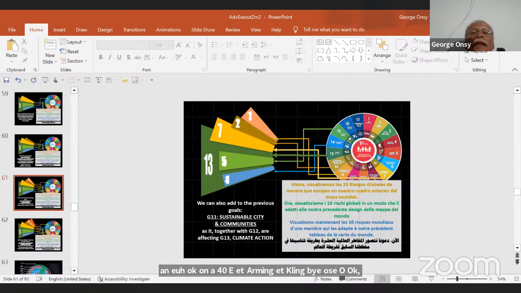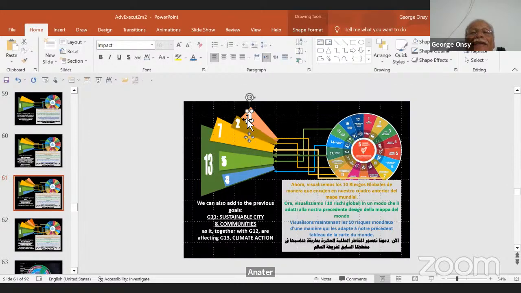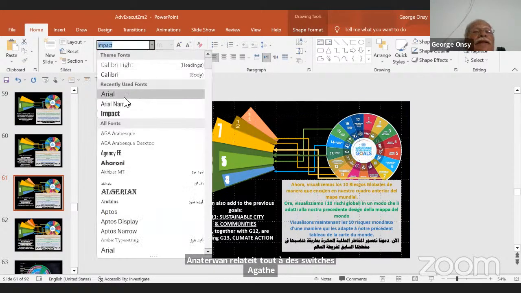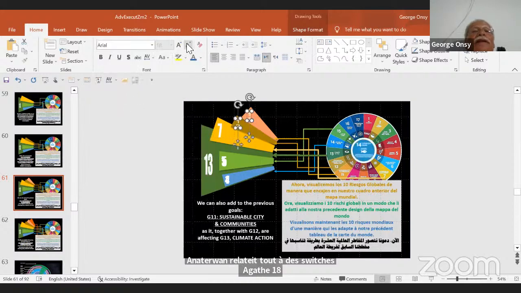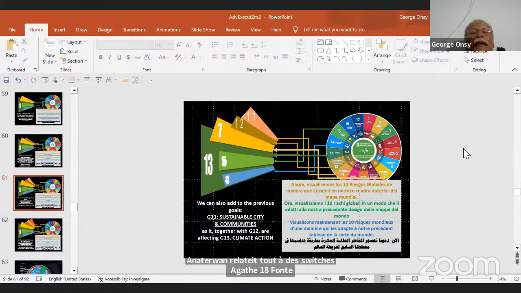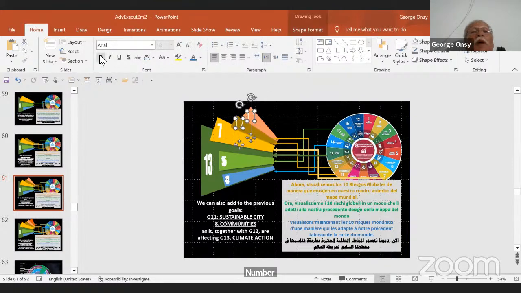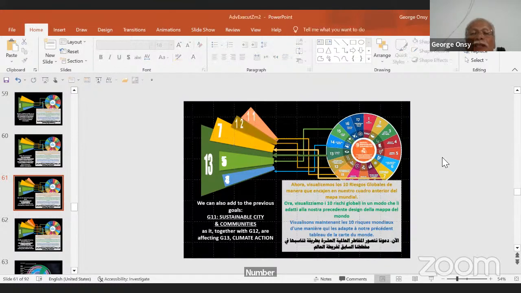Then another one related to this, number 11 and 12. So number 11 is also related to them. Why? Because G11 is sustainable cities and communities.